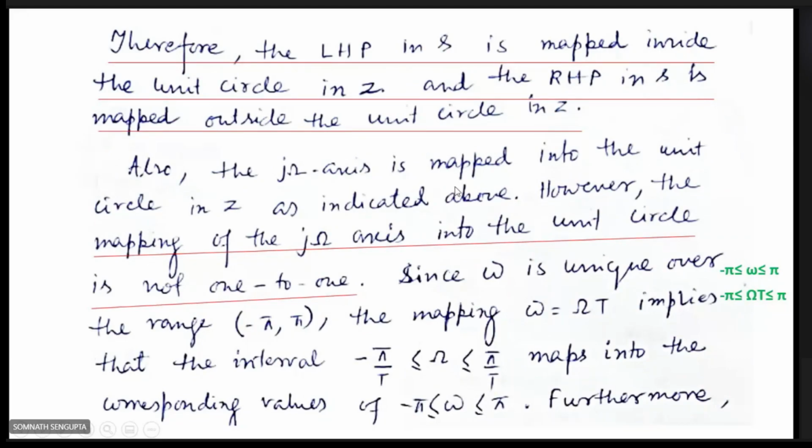Now another concept: if we map the j omega axis onto the unit circle, there are many points on the j omega axis, and all of them are mapped on the unit circle. So it is actually not one to one.